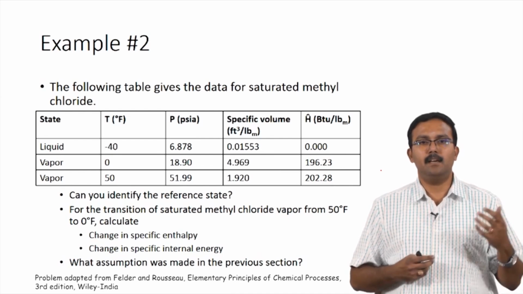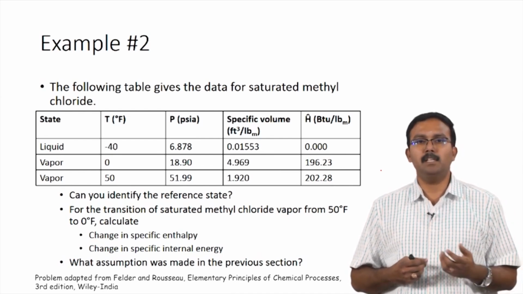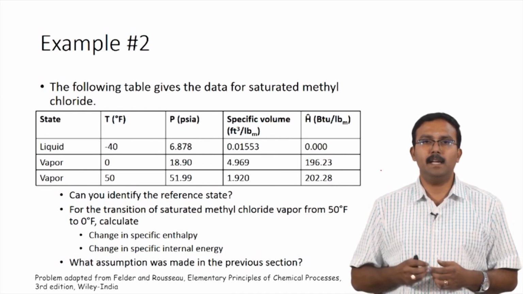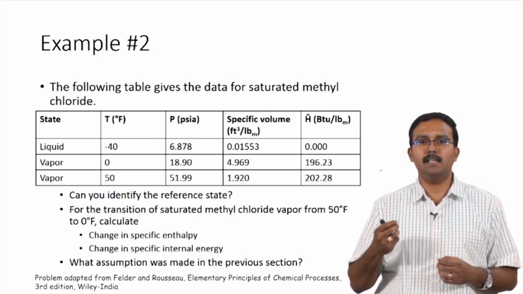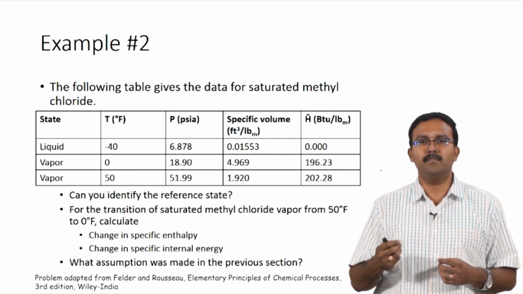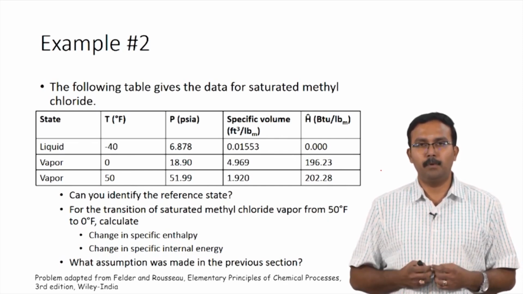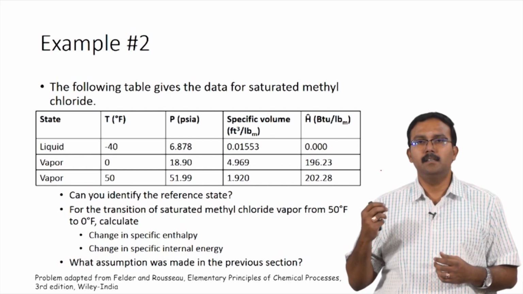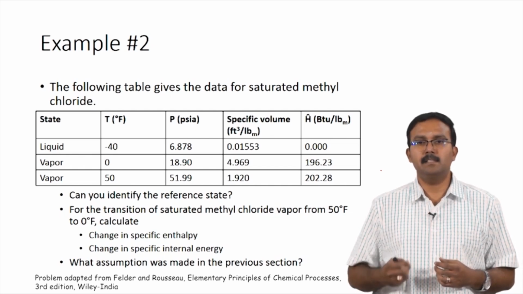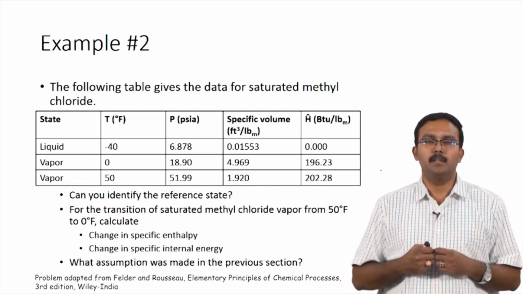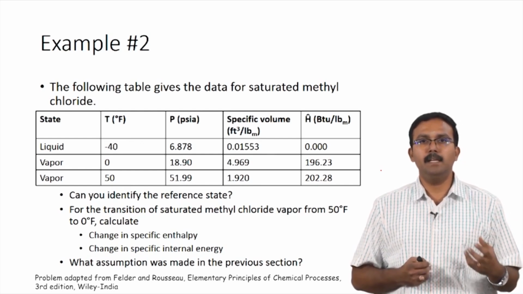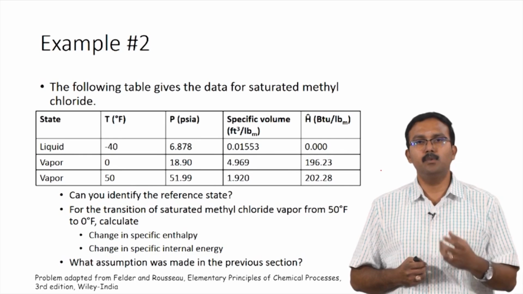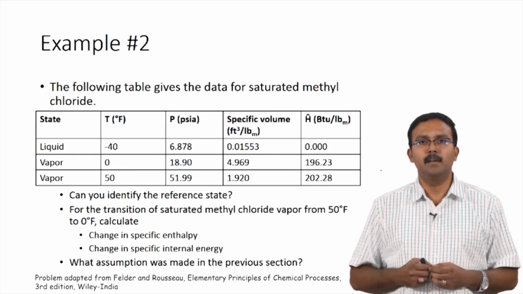You see that for liquid at minus 40 degrees Fahrenheit and 6.878 psi, the specific volume is listed as 0.01553 cubic feet per pound mass and the specific enthalpy is listed as 0. This implies that this particular condition would be the reference state used for this table.